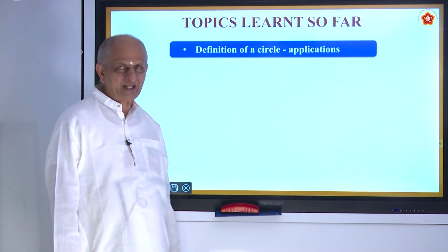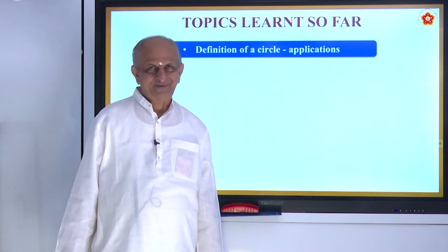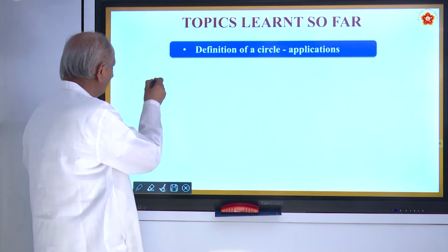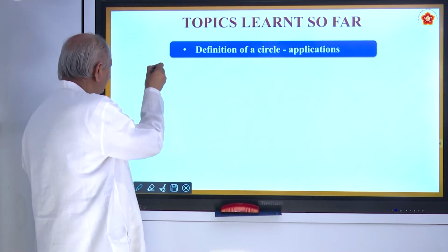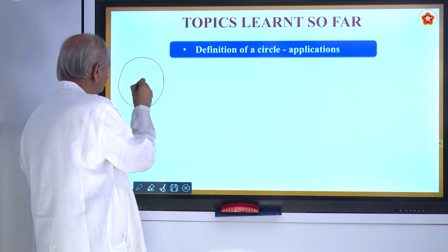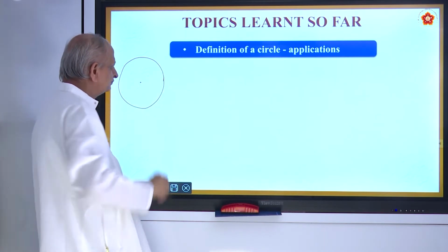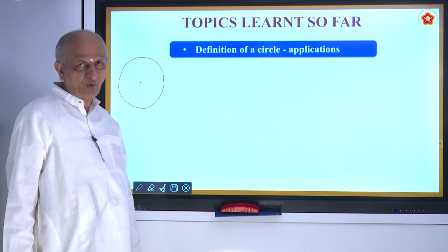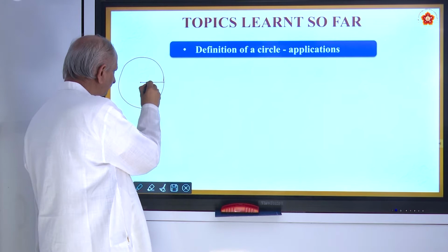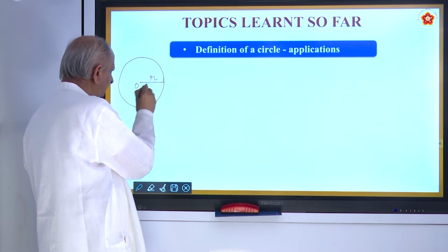Definition of a circle. What is a circle? Circle is a path traced by a moving point. And how does it move? It moves with a fixed distance. What is the fixed distance called?